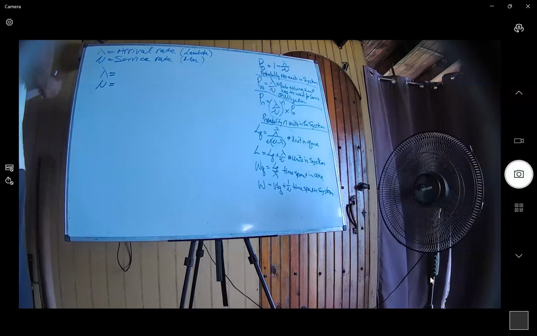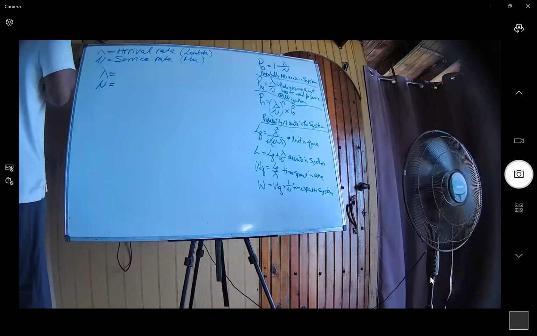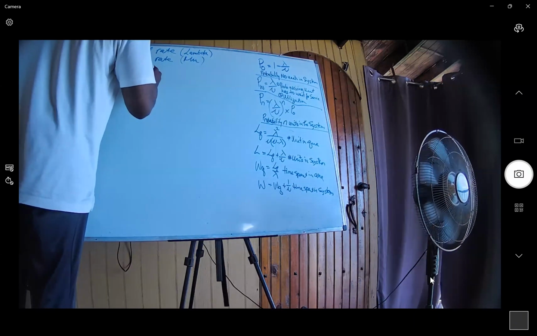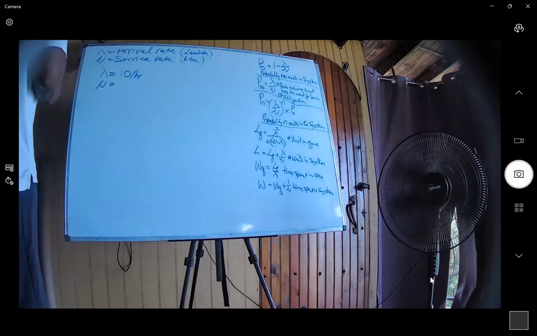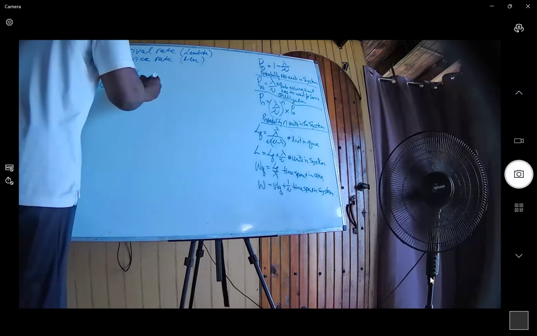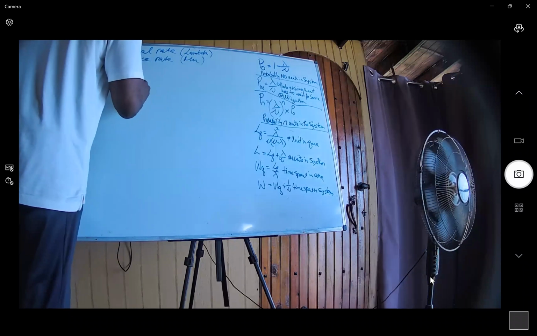This is probably going to surprise you a little bit. Your lambda, the arrival rate, says the cars arrive at a rate of 10 per hour. And they can be serviced 1 every 5 minutes. So what would this be? Your mu is going to be 12 per hour.